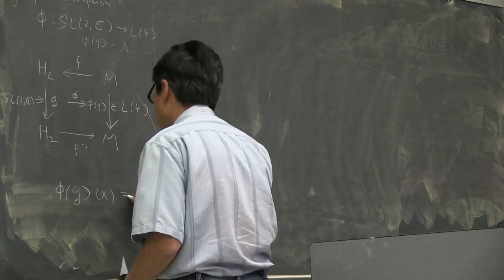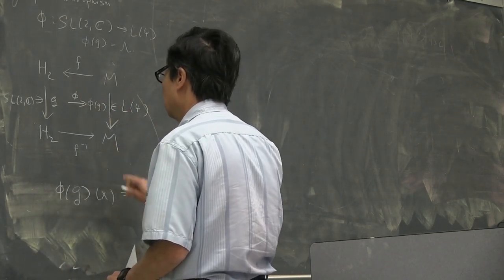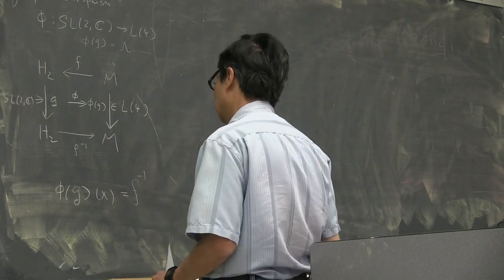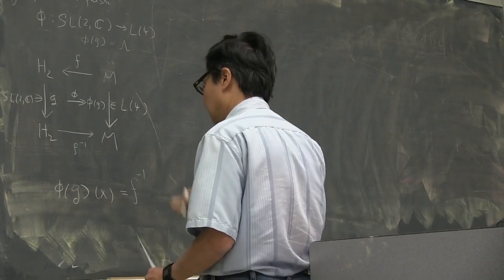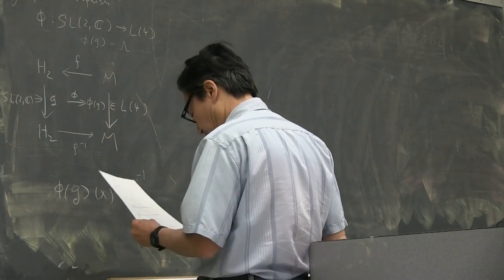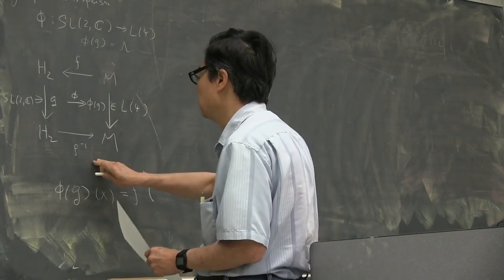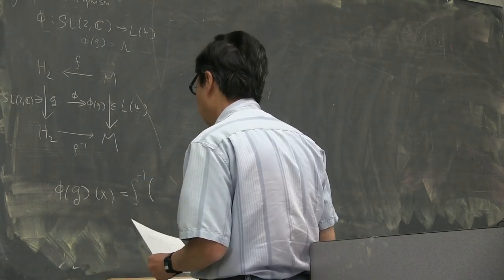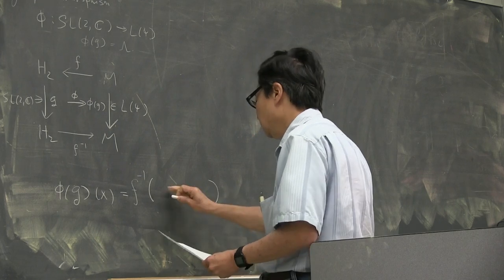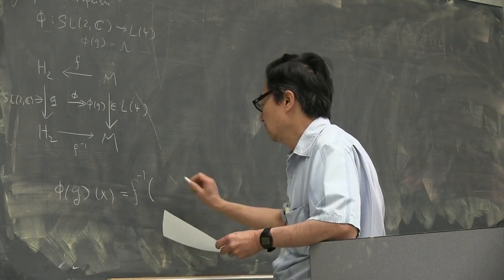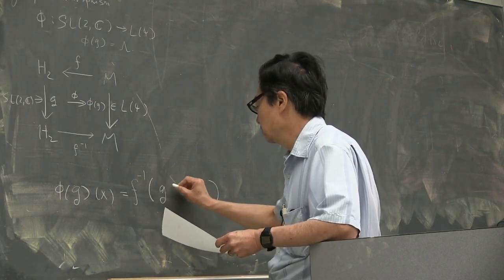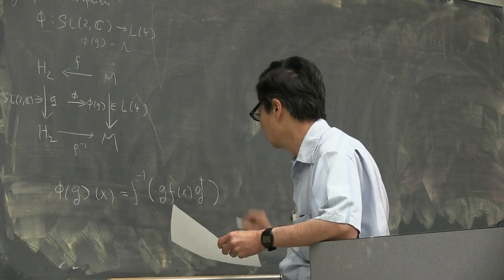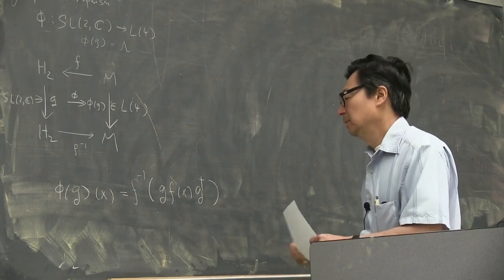And that Minkowski vector is then the F inverse. F is an isomorphism, so we can go back and forth. F inverse takes you from H2 to M. So I have to have something inside of H2, and the thing which is inside of H2 is supposed to be this: G F(x) G Hermitian conjugate, like that, okay?